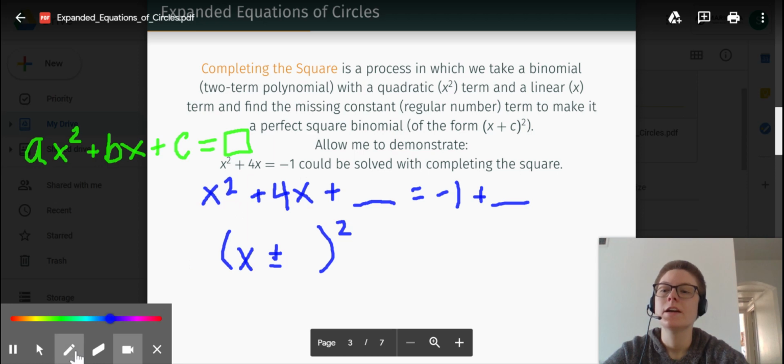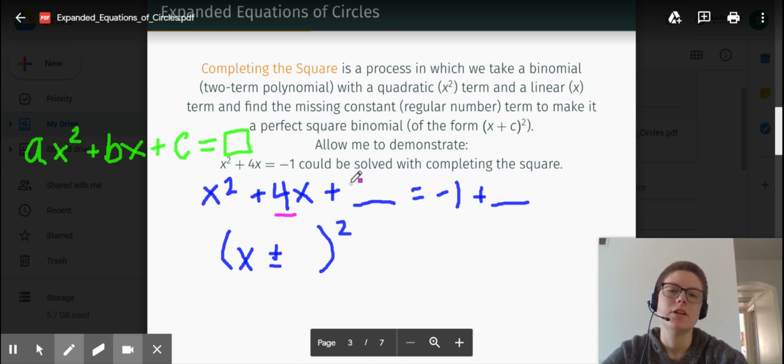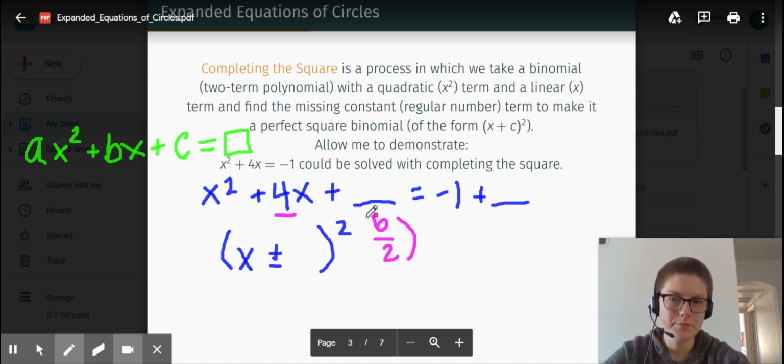And all we need to do to figure out what that number is, we're going to look right here at our b. So the number that goes in here is going to be (b over 2) squared.